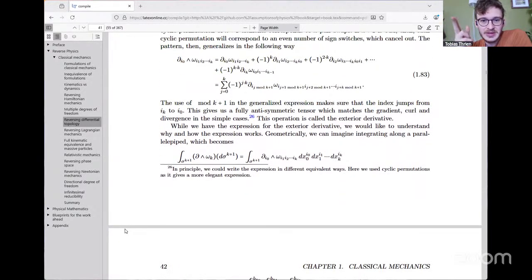This operation is called the exterior derivative. And there's a footnote: in principle, we could write the expression in different equivalent ways. Here we use cyclic permutations as it gives a more elegant expression. When you define the exterior derivative, you typically write it in a different way, but I find this a little bit more clear in terms of what's going on.